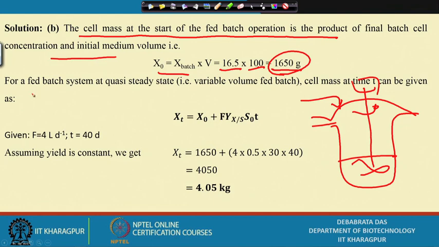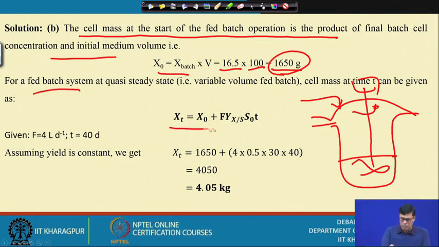Now, in the fed batch process we have already developed this equation. What is Xt? Xt is the final cell mass. Xt equals X0 plus F, the flow rate, times Y x by s, the yield coefficient, times S0, the initial substrate concentration, times T, the time.